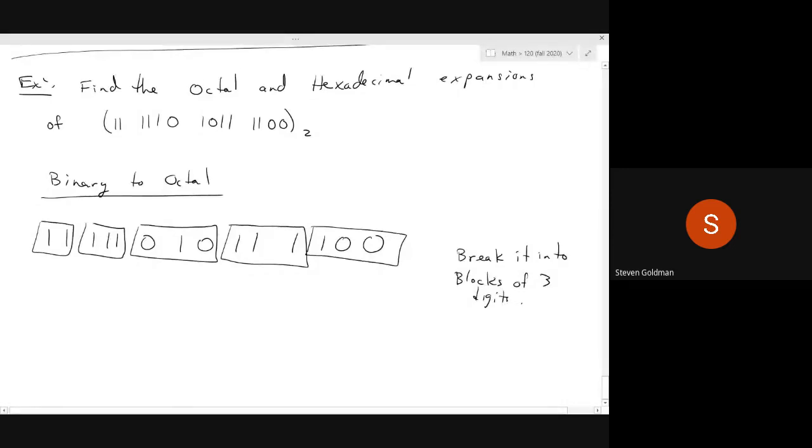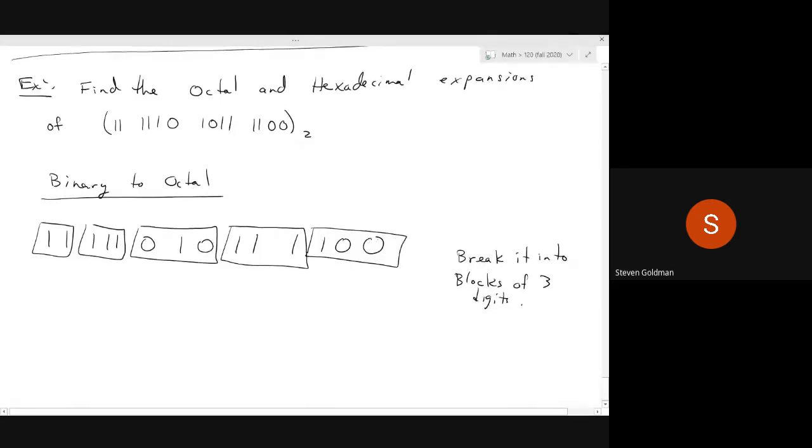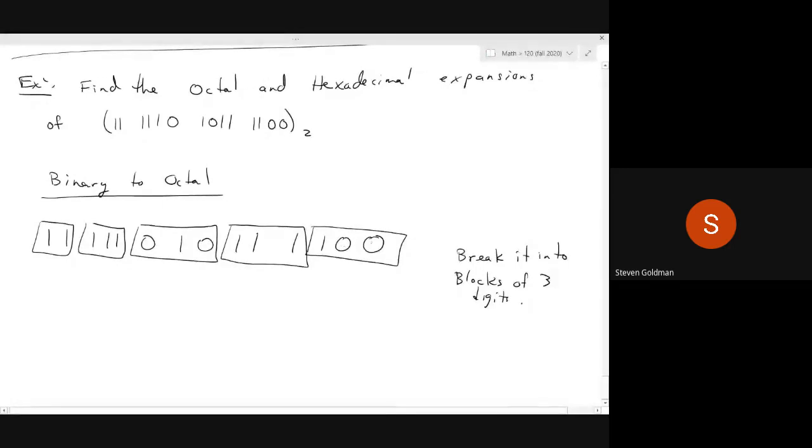What I'm going to do now is convert each block to the digit that it represents in octal, which is really the same as its decimal number. So 100 is the number 4. Remember, in 100, the first 0 is the ones place, the next is 2 to the 1, and the 1 is 2 to the power of 2. So I said 8, I meant 4, excuse me.